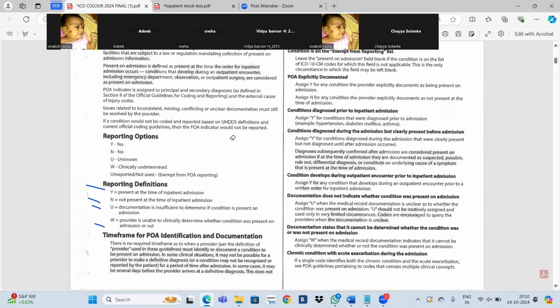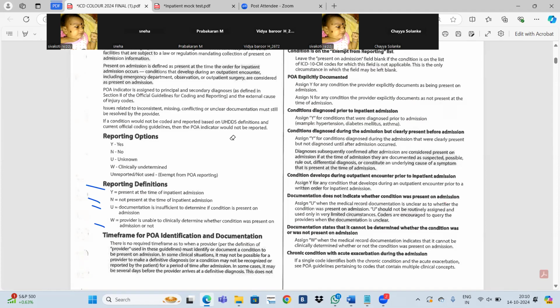U: documentation is insufficient to identify whether the condition was present on admission or not. Who will be giving these indicators? Who is adding these indicators? Providers? Coder? No, coder. Provider does not give indicators. They will give the documentation. So it is the coder's responsibility to add the POA indicators.